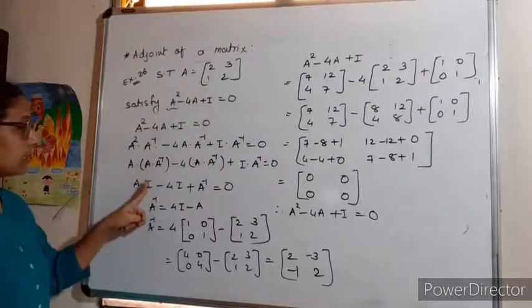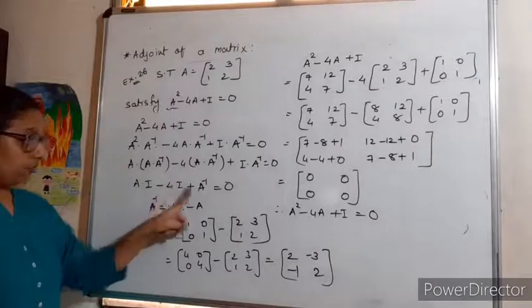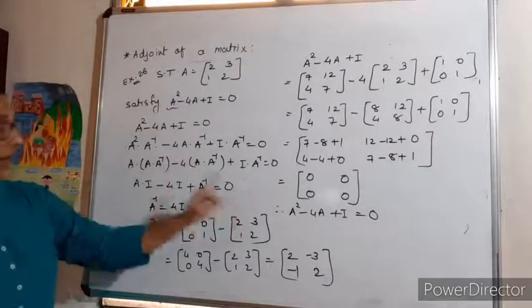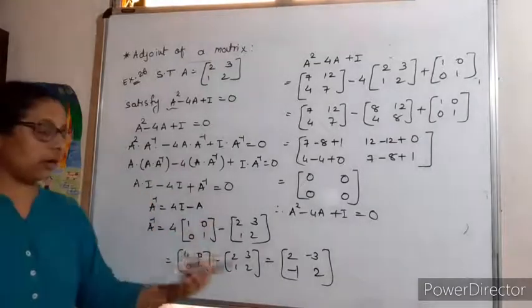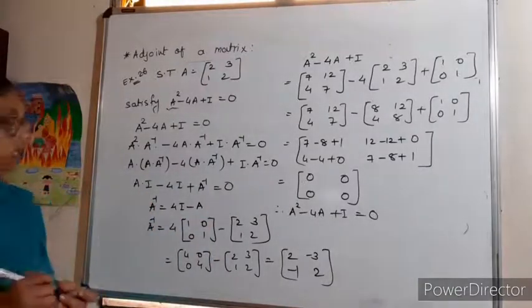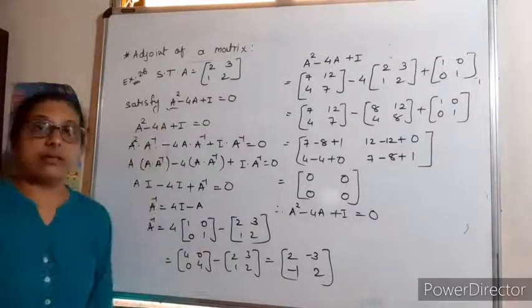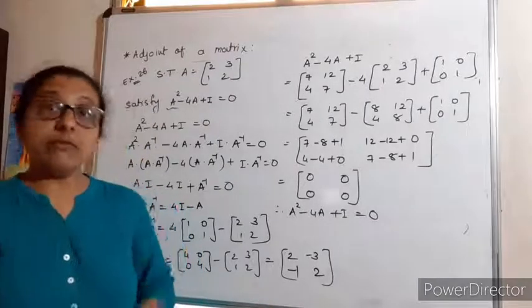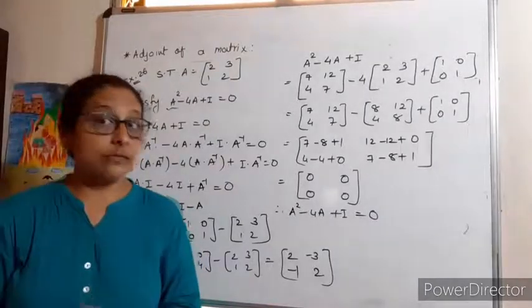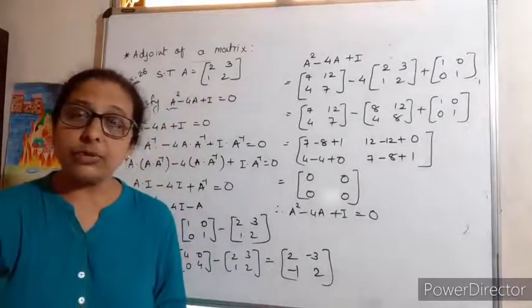A into A inverse became identity, with one A remaining. So A inverse, bring both to this side, 4I minus A. And find out the A inverse. If the question says to use this equation, you have to use this method. You understand this? Now you know how to find A inverse of a 2 by 2 matrix, 3 by 3 matrix, adjoint and everything.